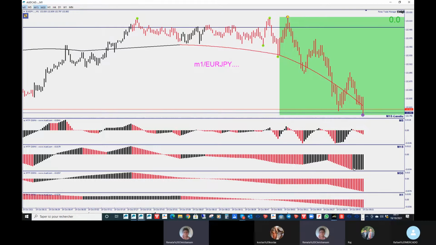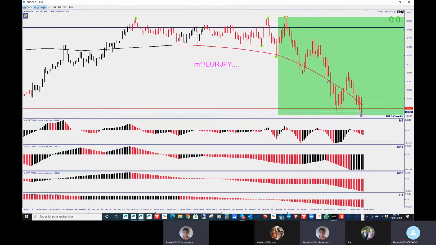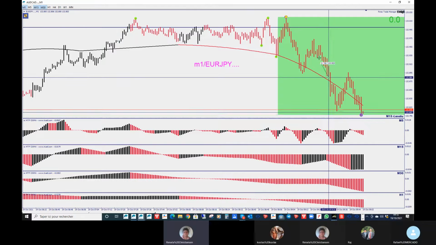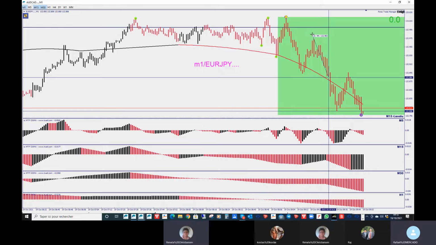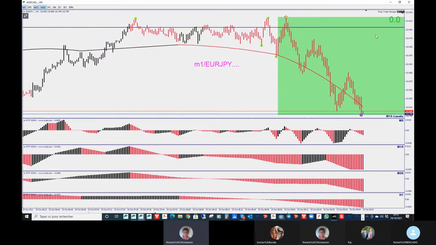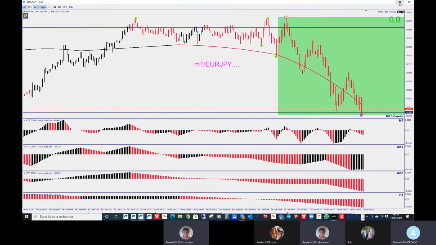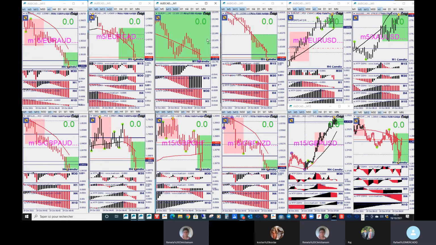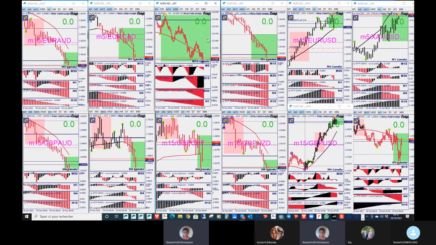Maybe I entered here. It's a 10 pips stop loss here. It's 1 hour. It's fluctuating.